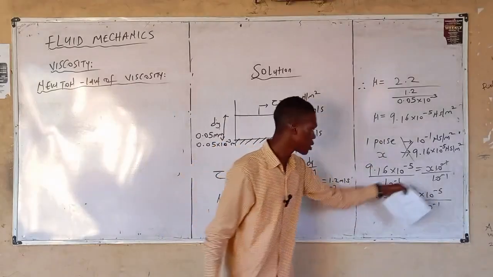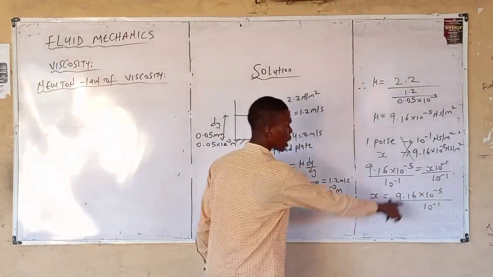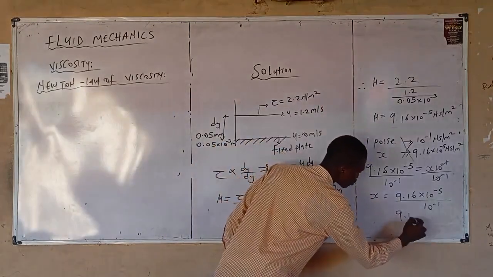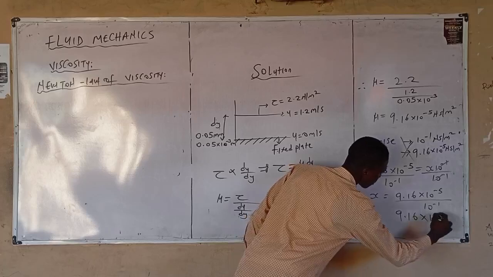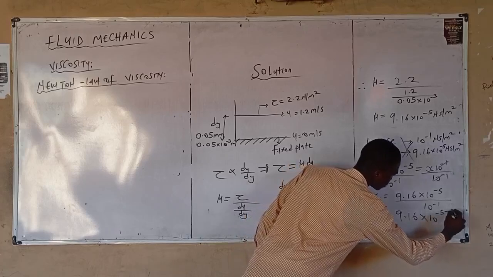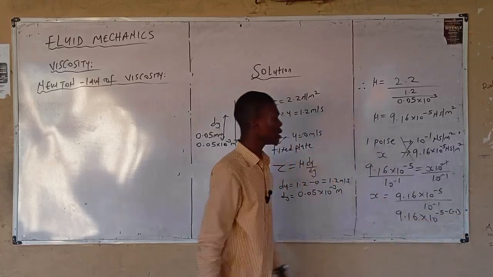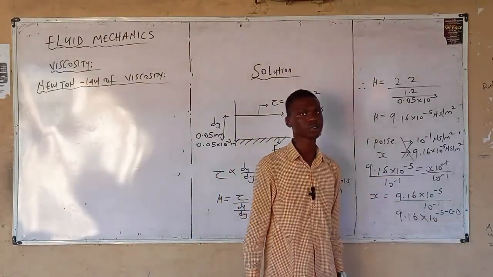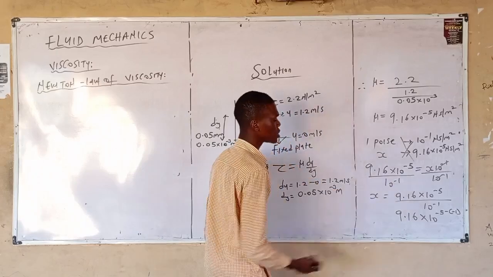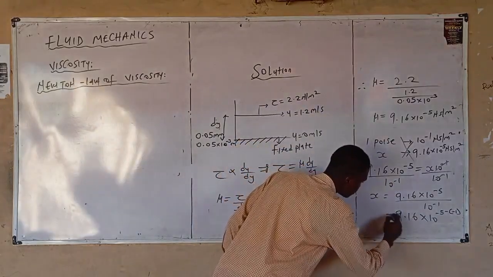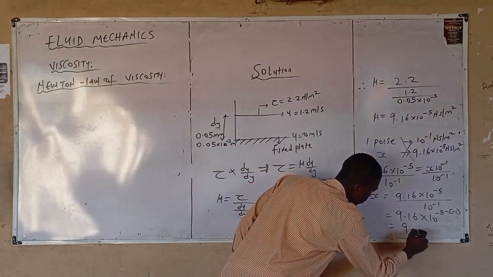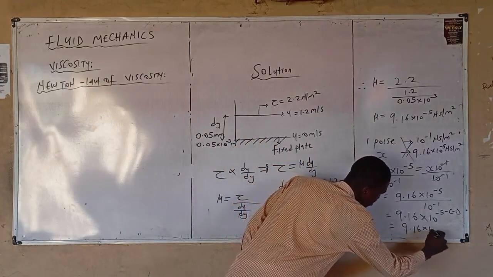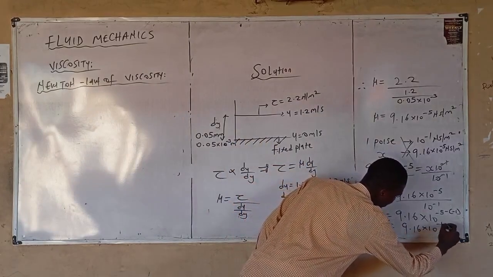From indices, you can write this as 9.16 times 10 raised to the power minus 5 minus minus 1, right? The minus will go up, then this division is minus. Or better still, you can input it in your calculator. Then, moving on, we have 9.16 times 10 raised to the power of minus 4.